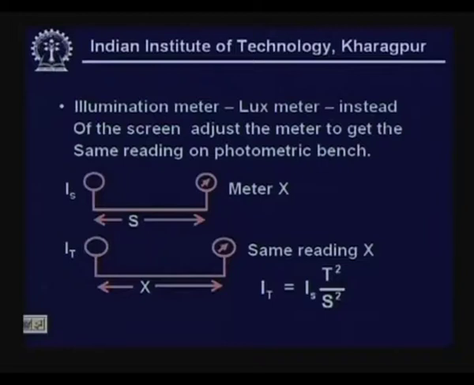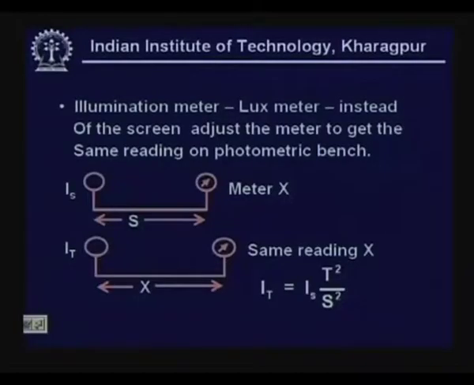Since we find the distance t between the test lamp and the meter for obtaining the same illuminance x, then we get the luminous intensity of the test lamp as Is multiplied by t squared over s squared. So, to some extent, the subjectivity of using a photometric head is eliminated if we use a lux meter.